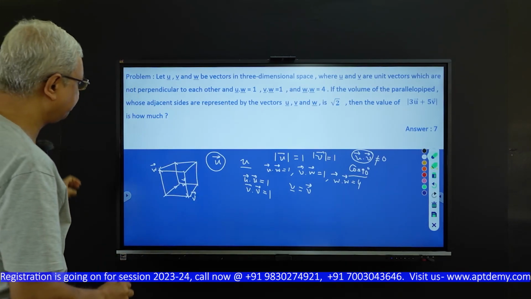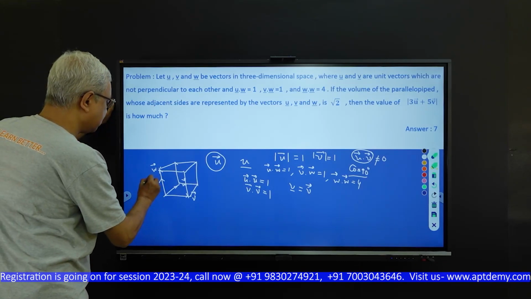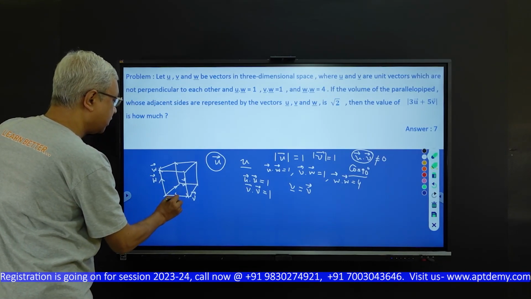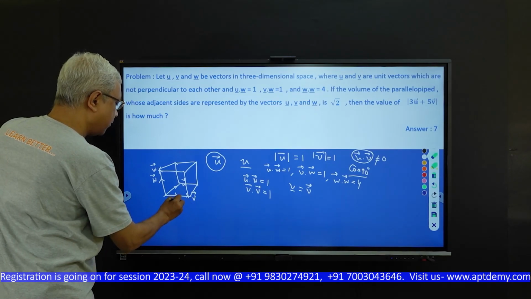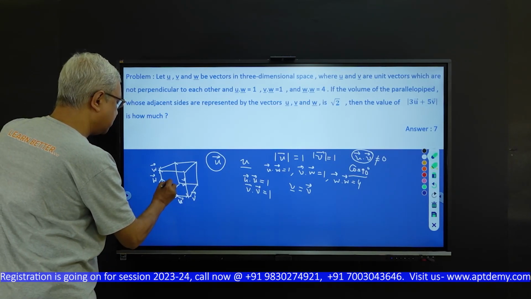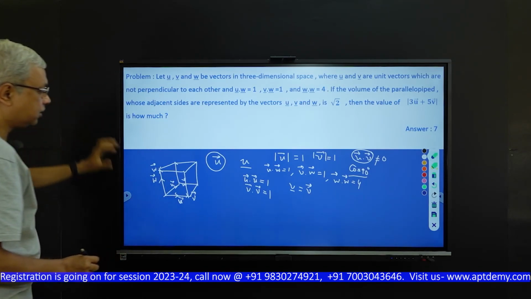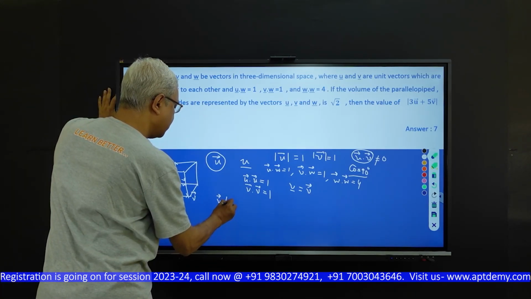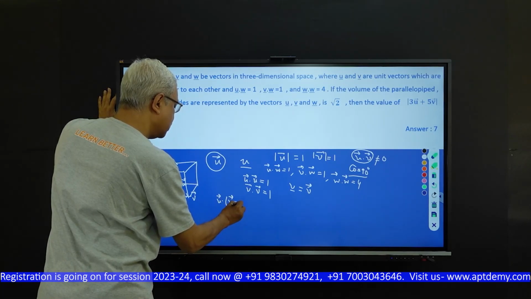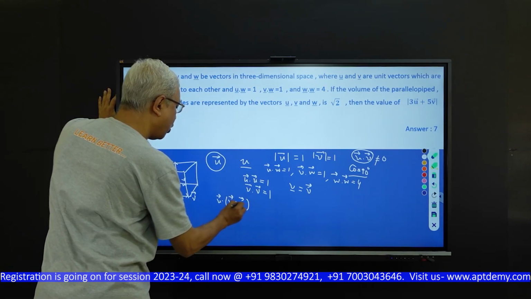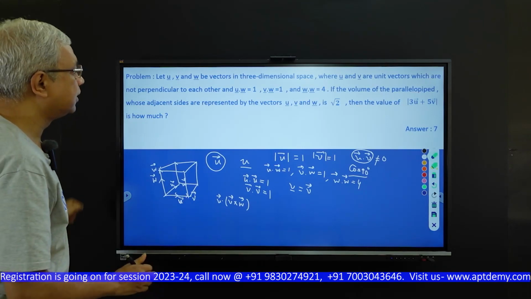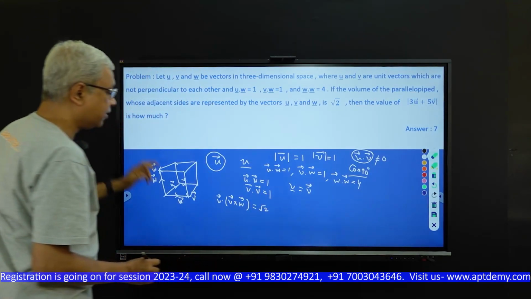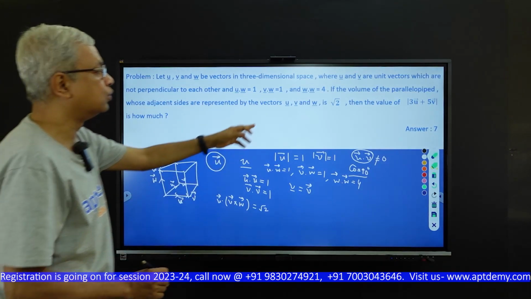This vector is w vector, this is v vector, and this is u vector. So it is nothing but u dot v cross w, the box product of these three vectors, which is said to be root 2. U dot v cross w is root 2.